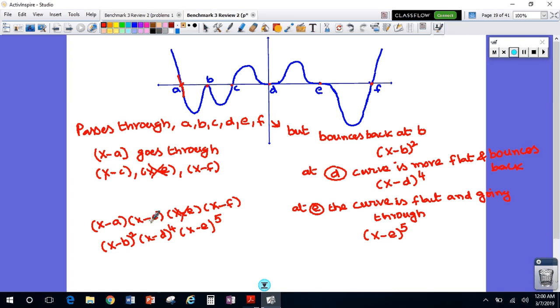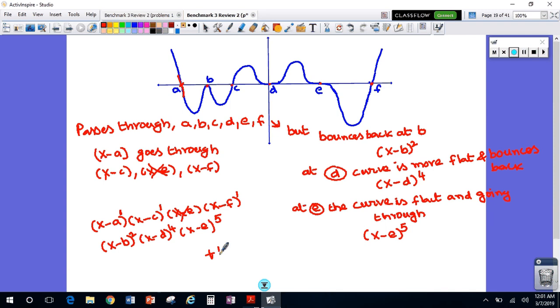x minus a, x minus c, x minus f, x minus b to the exponent 2. So what is your leading coefficient and the exponent? How many x's do we have? The exponent is 1 here, 1 here, 1. So 5 plus 4 is 9, 9 plus 2 is 11, 12, 13, 14.